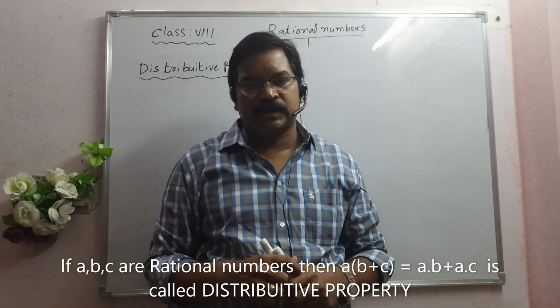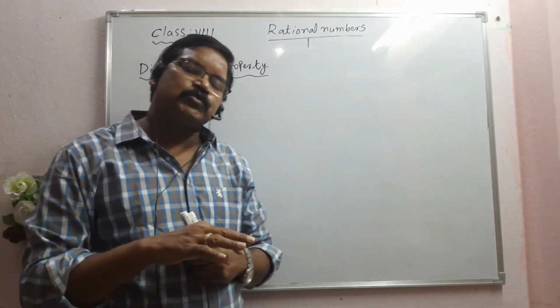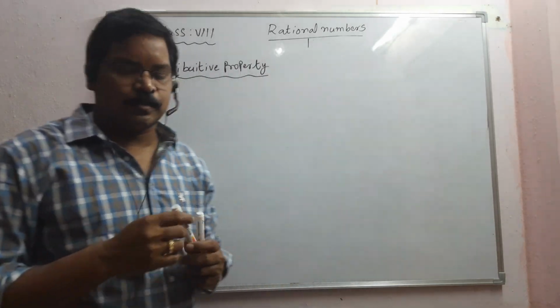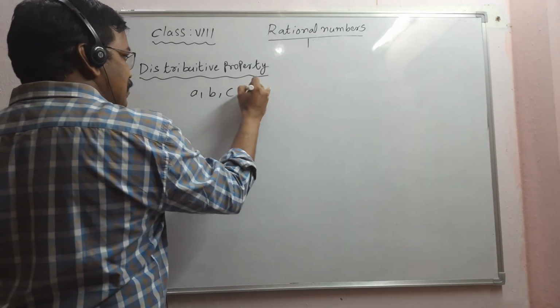The next property is very important. There are two types of distributive properties. One is the left distributive property, the other one is the right distributive property. Coming to the distributive property, here we take three numbers.